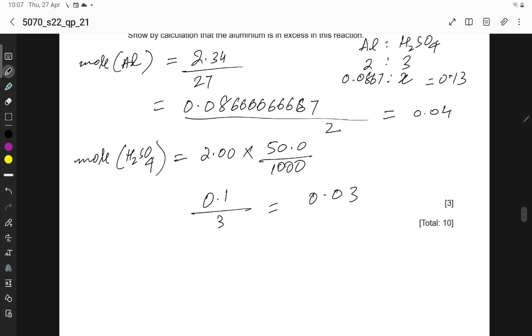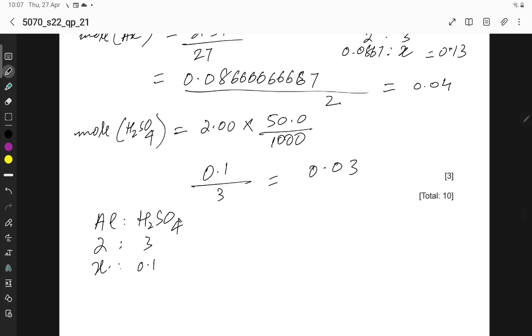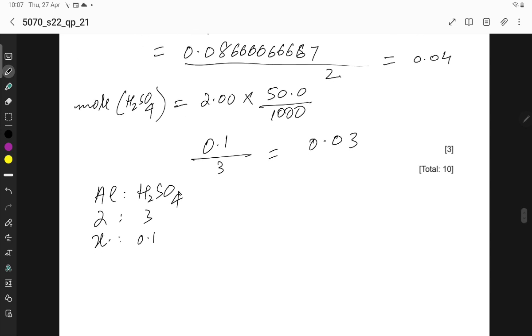And similarly, aluminium to H2SO4 is 2:3, and 0.1 ratio x, 0.1 into 2 divided by 3.